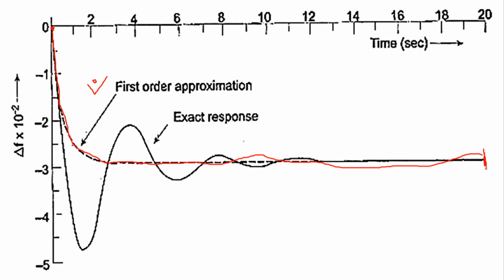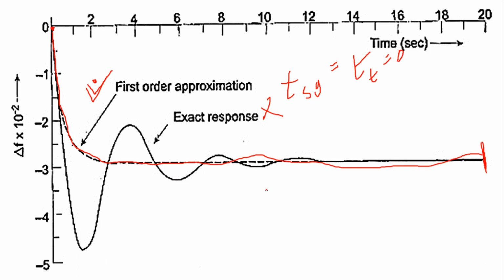Both graphs have the same steady state value, so do not worry about that. The response that we have derived is for first order approximation, because we put Tsg and Tt equal to 0. If we do not put these two equal to 0, then we will get the exact response, and it will look like this oscillating wave.